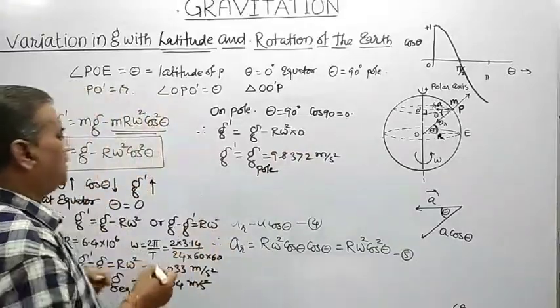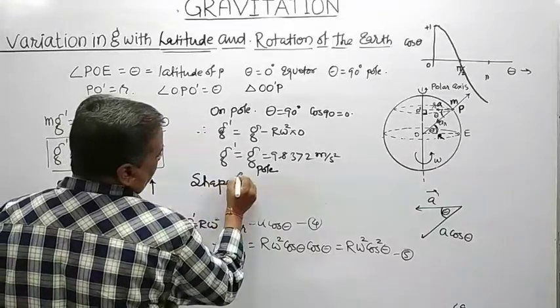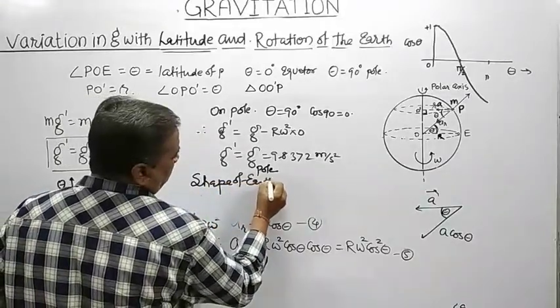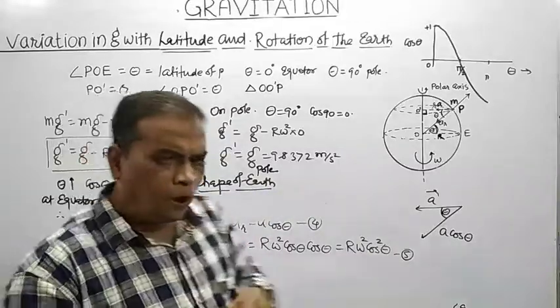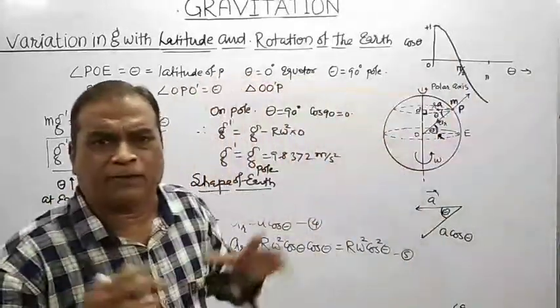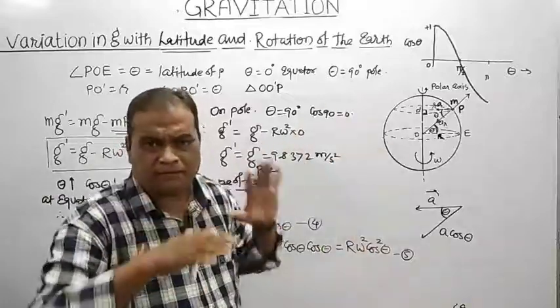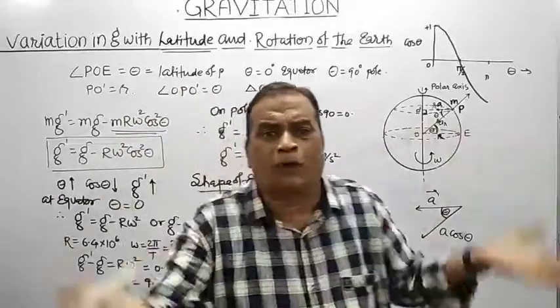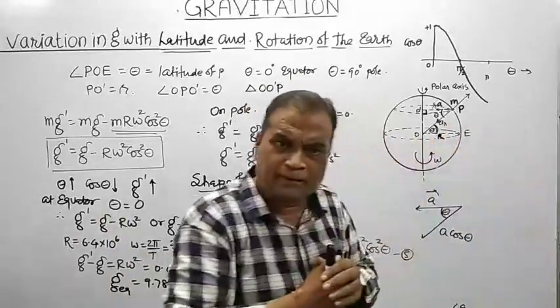Remember here that as far as the shape of Earth is concerned, we are considering that Earth is spherical in shape. Actually, Earth is not spherical but ellipsoid. It is bulged at the equator.